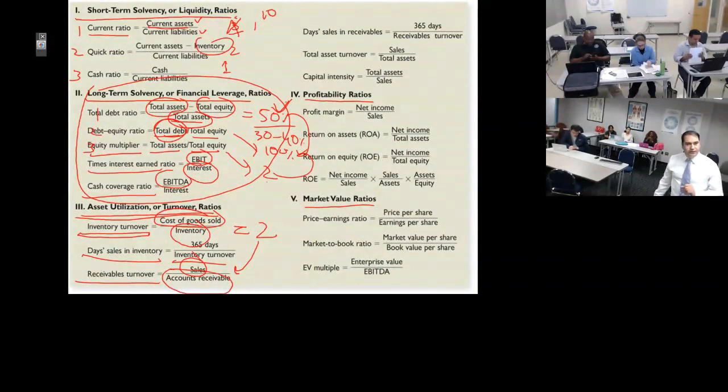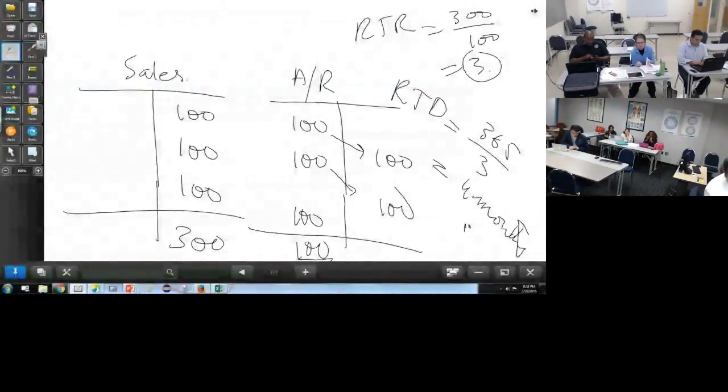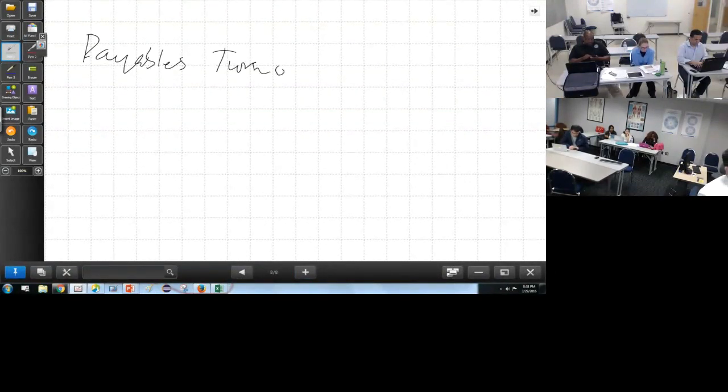We don't have the other one here, which is what we call the payables turnover ratio. What is this? Payables turnover ratio.